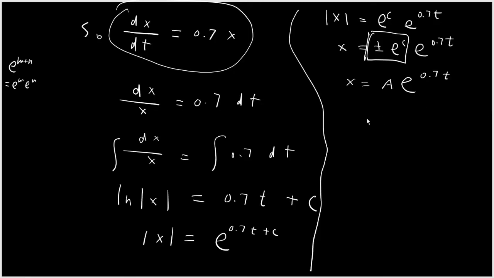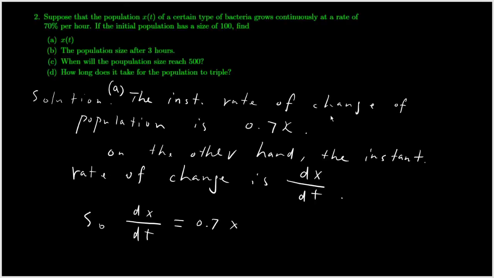Now let's go back to the question. Actually, implicitly there's an initial condition involved there. In the question, the initial population has the size of 100. It means when the time t is 0, the population size is 100.